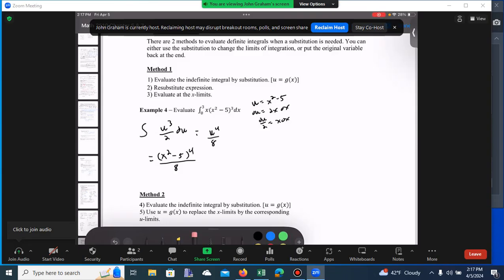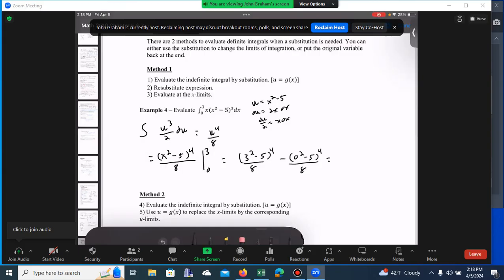No, I'm good. We're evaluating this at 0 to 3. I thought I jumped ahead, and I didn't. Alright, so now we're evaluating from 0 to 3. So we'll insert the 3: 3 squared minus 5 over 8, that's, of course, to the fourth power, minus 0 squared minus 5 to the fourth power over 8.